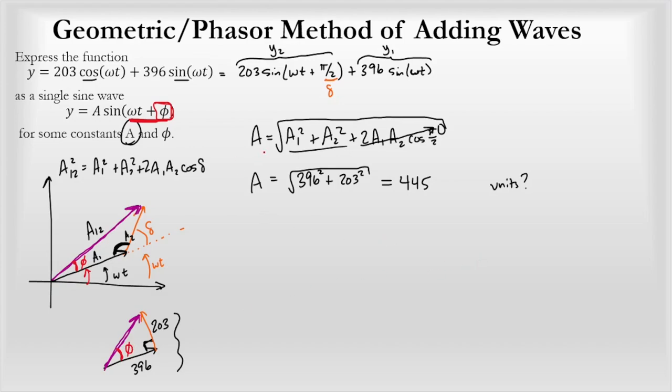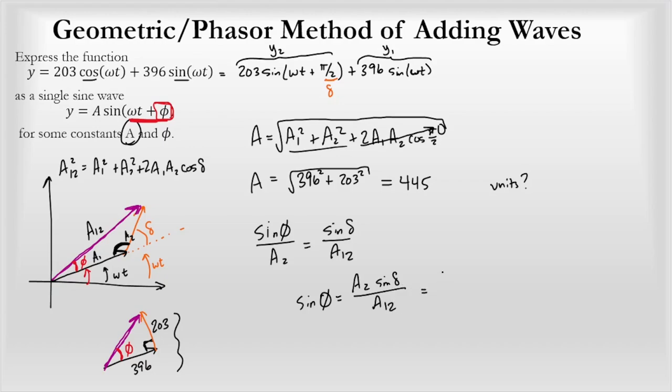If I use the law of sines, that wouldn't be too hard to do for this problem, right? Sine phi over A2 has to equal sine delta over A12, right? If I look at those two sides, this angle, that side and that angle, and then phi and the other side, so I can find sine phi equals A2 sine delta over A12.